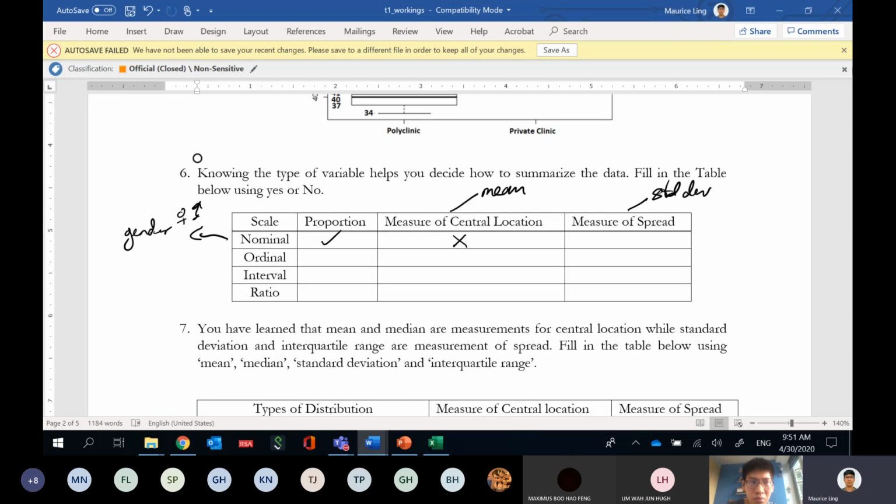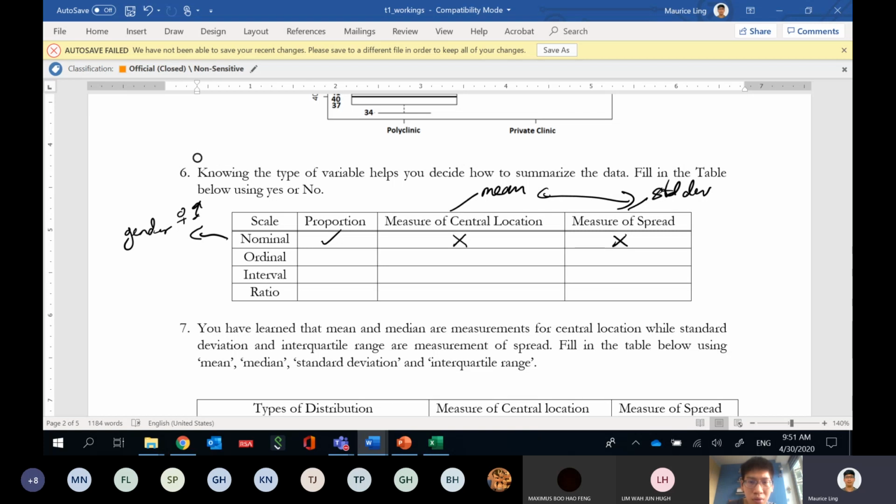That means you're saying we have an average of 0.6 female in this class. Sounds strange, right? If the central location is out of the question, then obviously spread is out of the question. Usually these two come hand in hand.